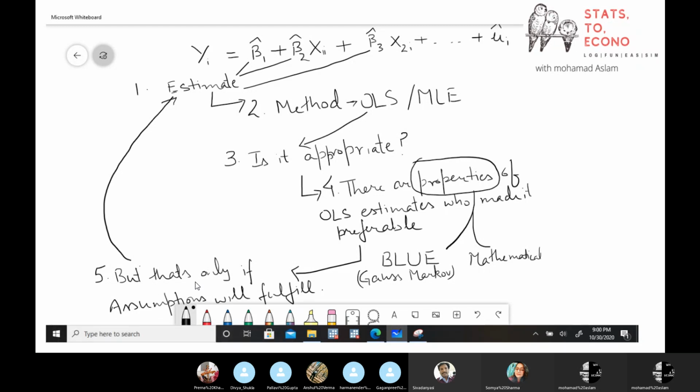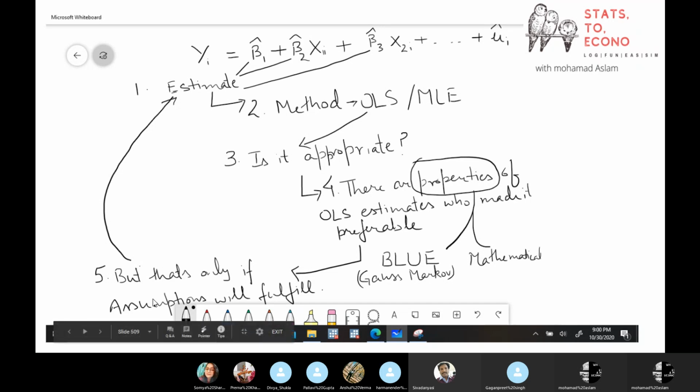It's like you are going to buy a mobile phone and you want specific features. Those features are only possible if you pay for them. Similarly, if these assumptions are fulfilled, only then do the specific properties hold, on the basis of which we decide that OLS is useful for estimation.